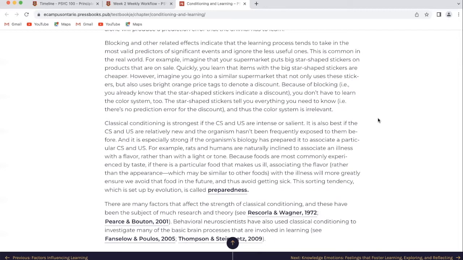Classical conditioning is strongest if the CS, the conditioned stimulus, and the US, the unconditioned stimulus, are intense or salient. It is also best if the conditioned stimulus and the unconditioned stimulus are relatively new and the organism hasn't been frequently exposed to them before. And it is especially strong if the organism's biology has prepared it to associate a particular conditioned stimulus and unconditioned stimulus.